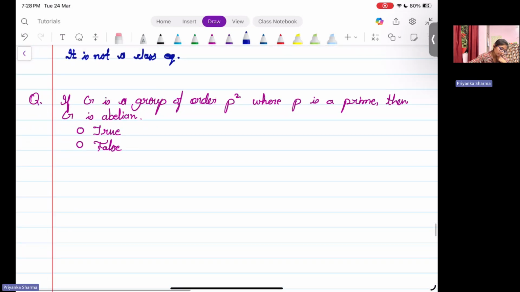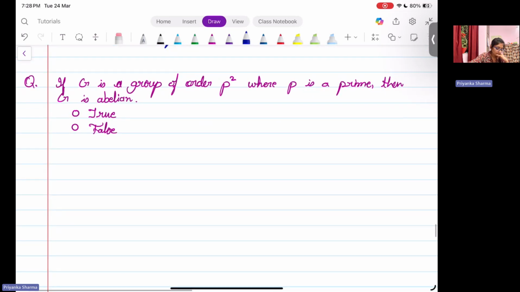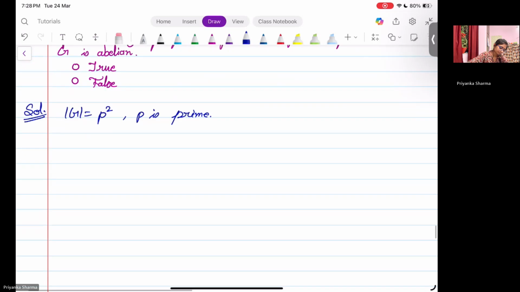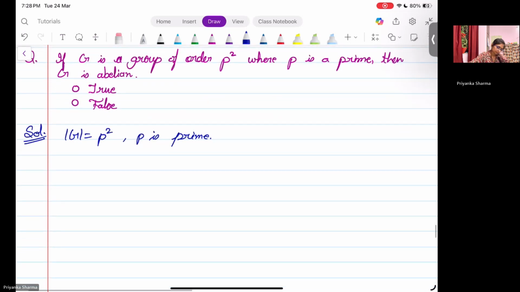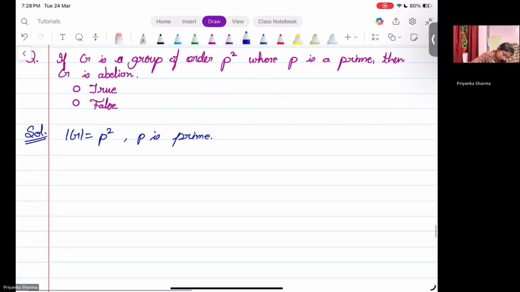Next one. If G is a group of order P square where P is a prime, then G is abelian. We have already discussed this. Order of G is P square where P is prime. Then what about the center of G?